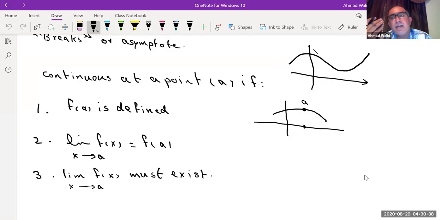When can a limit exist? When the limit from the left equals the limit from the right. We explained this at the beginning when I started with limits. For example, in this graph, when you come from the right and when you come from the left, both limits are going to the same point. It means they're equal. In this case, we say the limit exists.